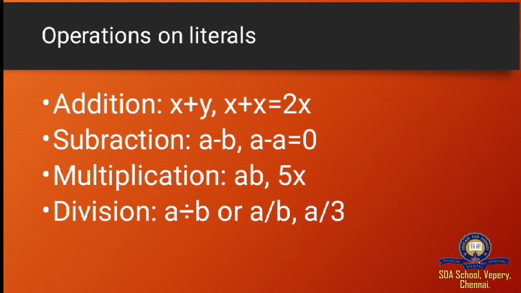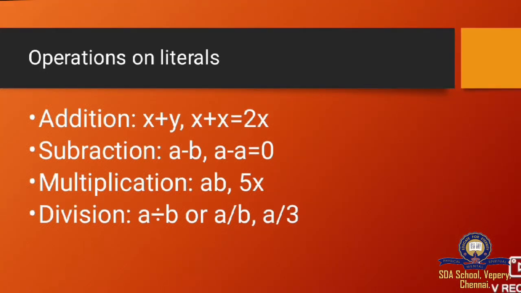Next we're going to see operations on literals. In the previous class itself you learnt about rational numbers and their operations. Likewise, here we have four operations: addition, subtraction, multiplication, and division. First, addition.